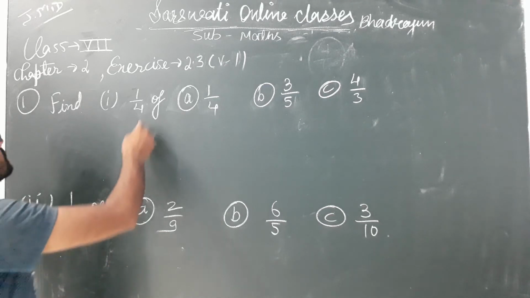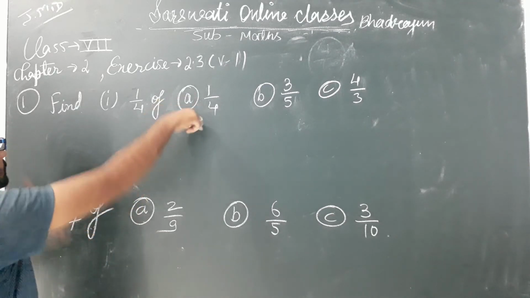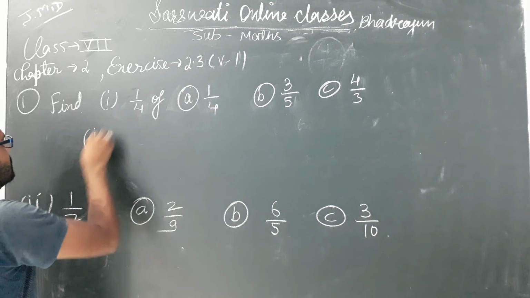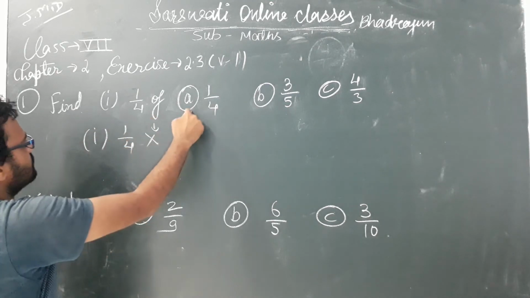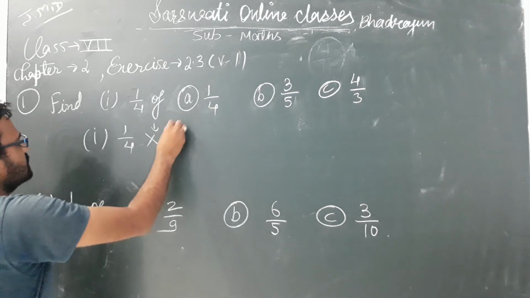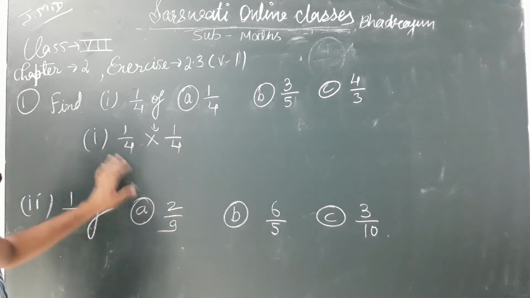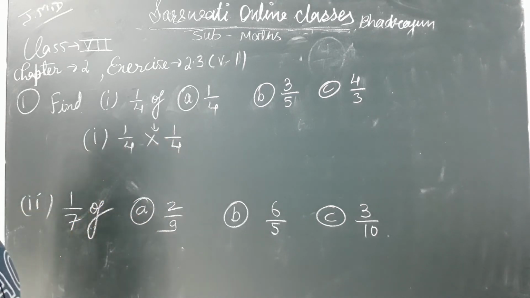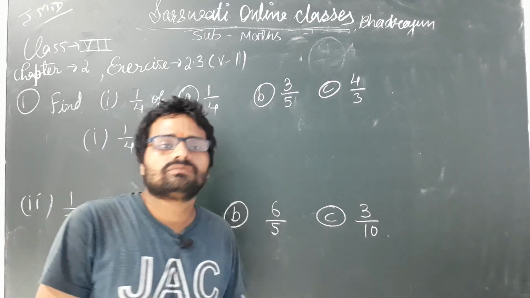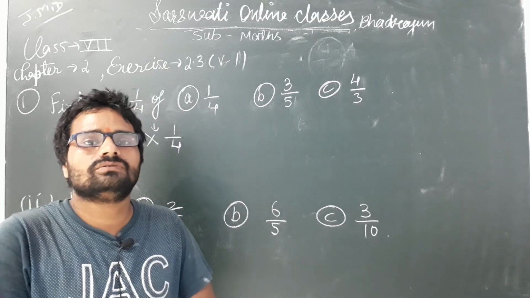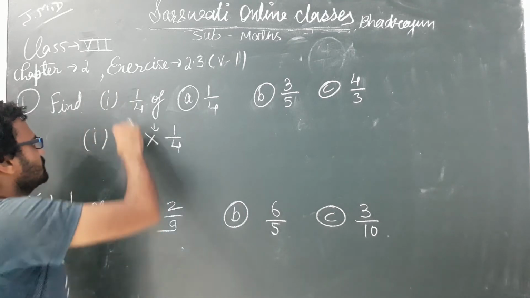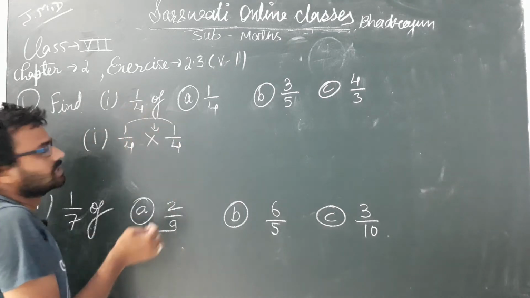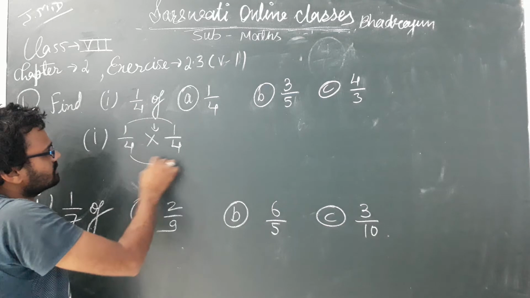What is that? 1 upon 4 of 1 upon 4. So in part A, "of" is replaced by a multiplication sign. We are given 1 upon 4, so 1 upon 4 multiplied by 1 upon 4. Now we all know, I have already taught you, that in multiplication the numerator is multiplied with the numerator and the denominator is multiplied with the denominator.